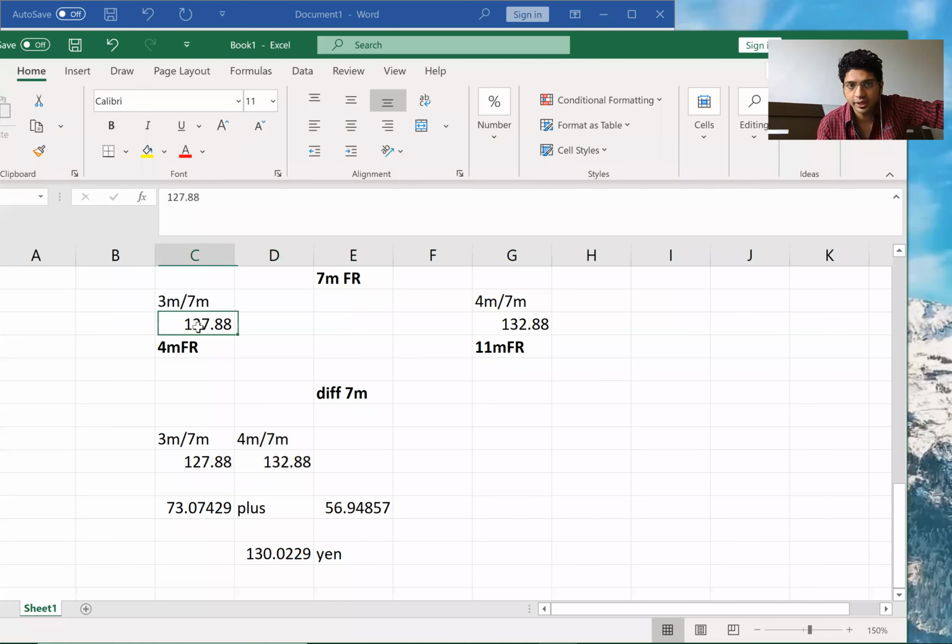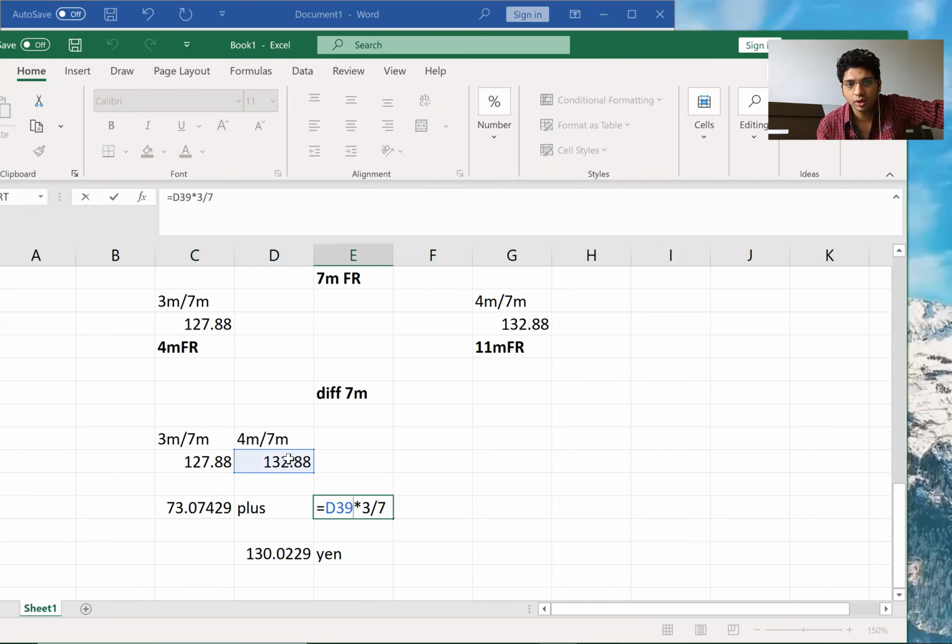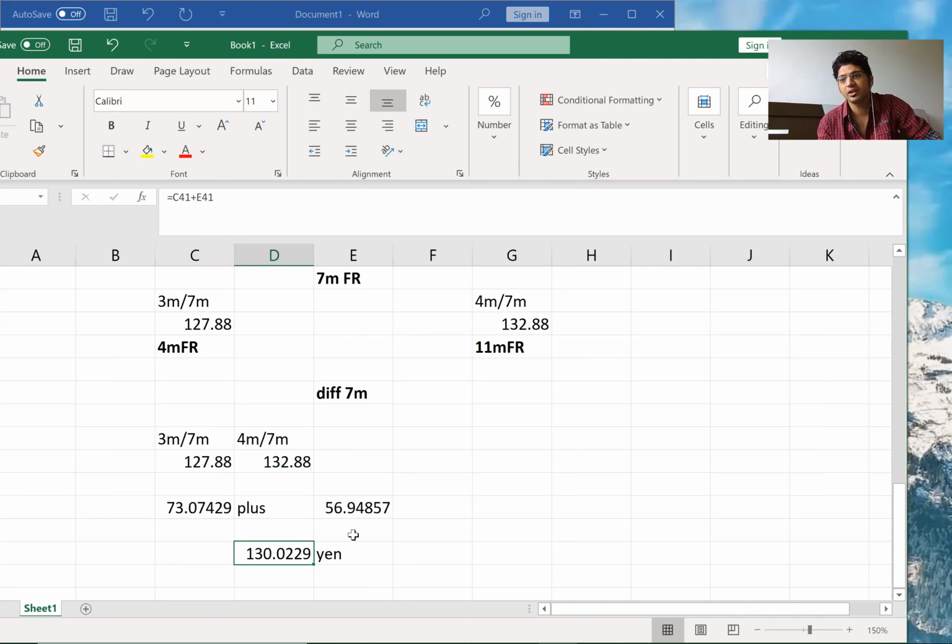So I'll do 127.88 into 4 by 7 plus 132.88 into 3 by 7. So that's what I did. 127.88 into 4 by 7 gives me 73.07 and 132.88 into 3 by 7 gives me 56. Add them up, you'll get the proper average.